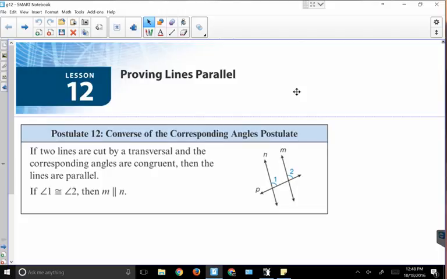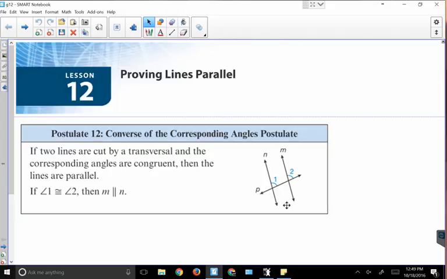Somewhat. Good. Really, what you need is down here. If the angles are congruent, then they're parallel, given this picture. Sometimes it's just easier to identify what the most basic ideas of it are. Now, if I got parallel lines and I got that picture, then I know they're congruent. That's the way it is.